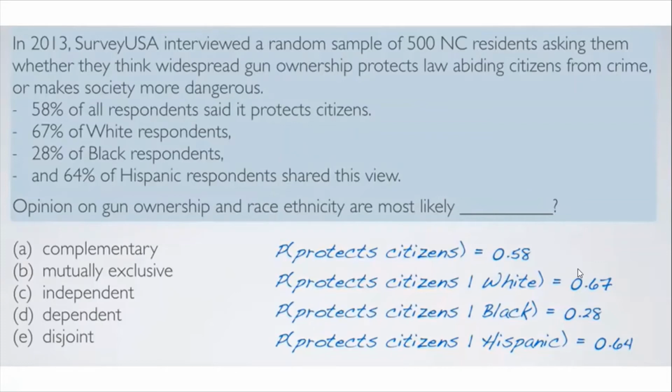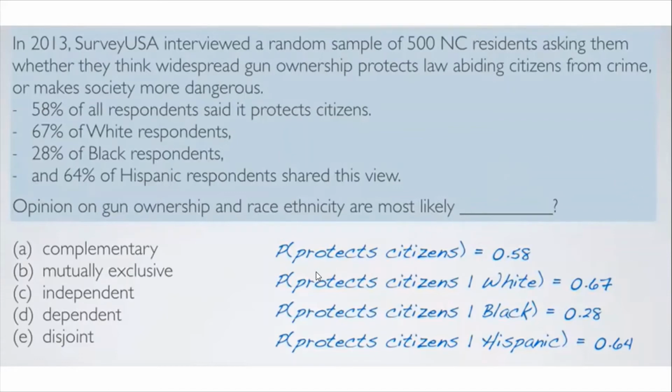So anyway, when you think about this, it does not add up to 0.58, and it also varies based on the ethnicity. So we talk about this: if the probability of A given B is equal to the probability of A, then we can say that it is independence.